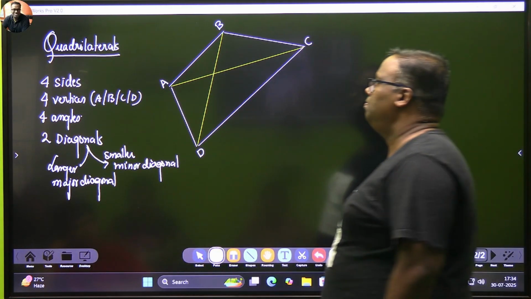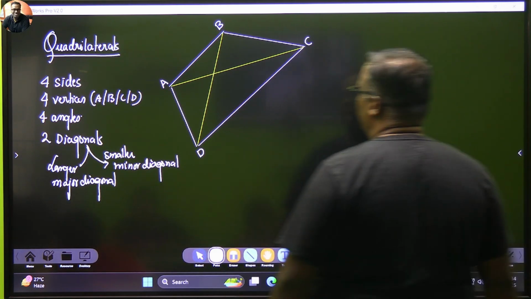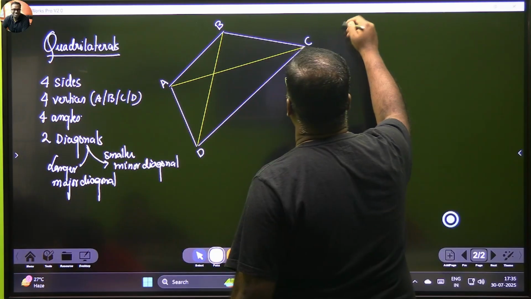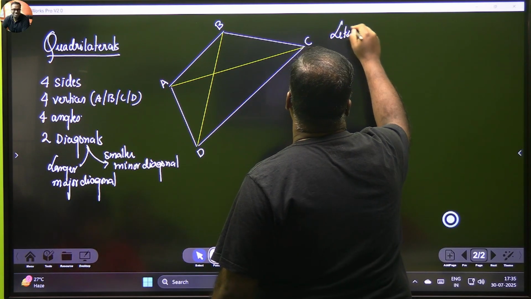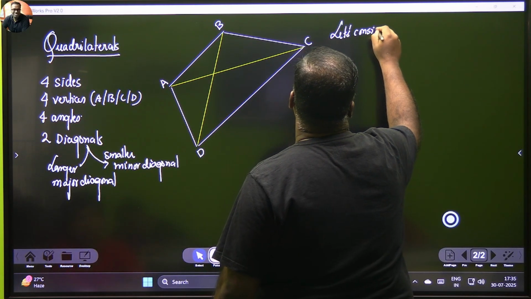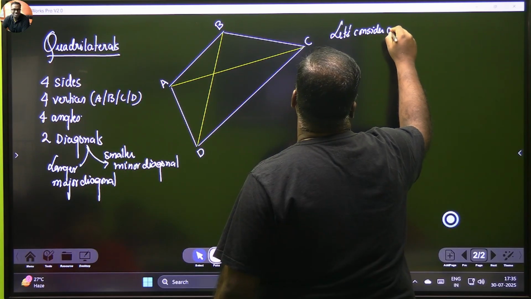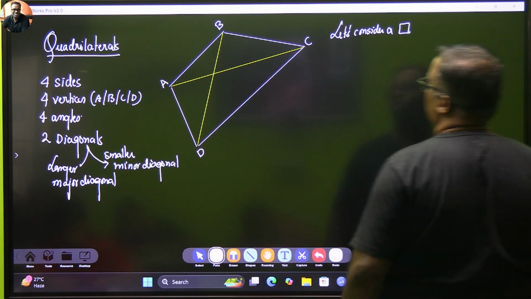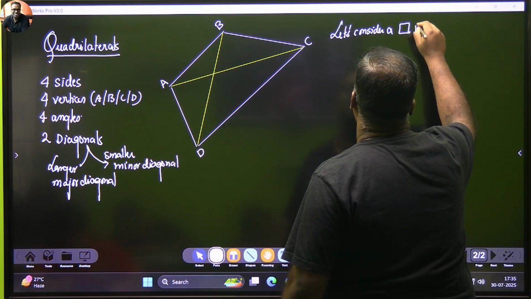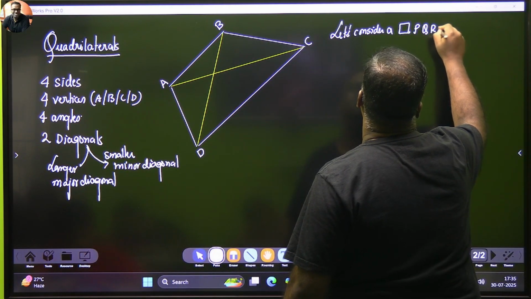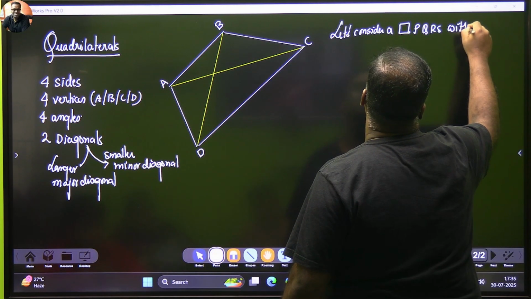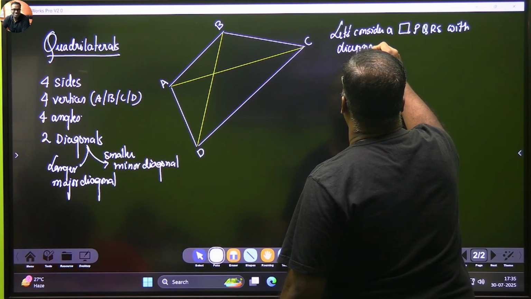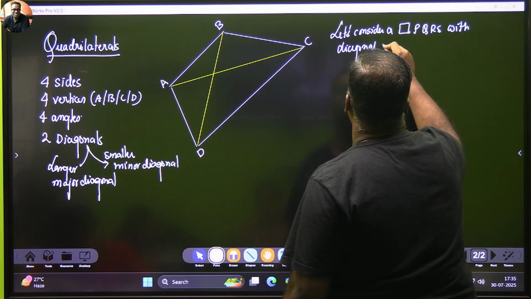Okay. Now, if I try to look at only one diagonal, say let's consider a quadrilateral. Quadrilateral is written like this. This is the symbol of a quadrilateral. You can make it like a square. Say I have a quadrilateral PQRS, with diagonal PR.